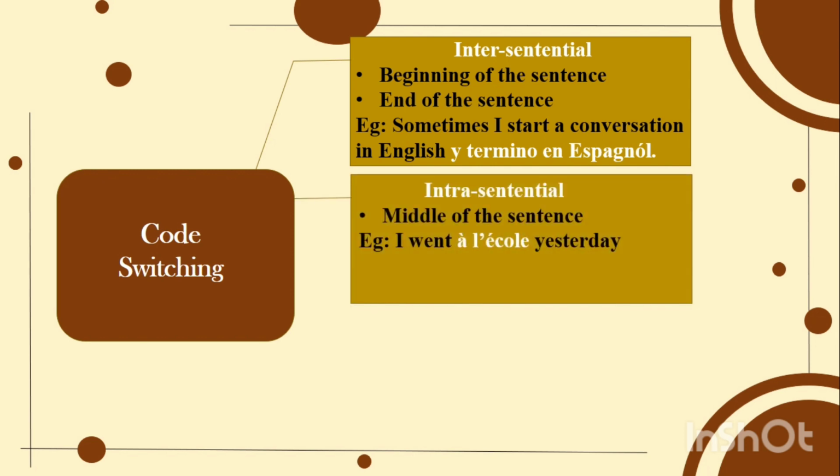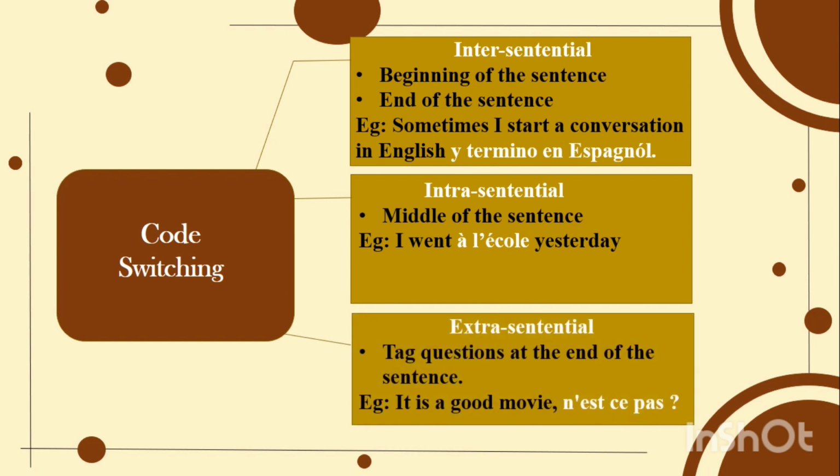Second, the intrasentential. It is used in the middle of the sentence. Example: I went à l'école yesterday. Thirdly, we have the extrasentential. It is used in tag questions at the end of the sentence. Example: it is a good movie, n'est-ce pas?